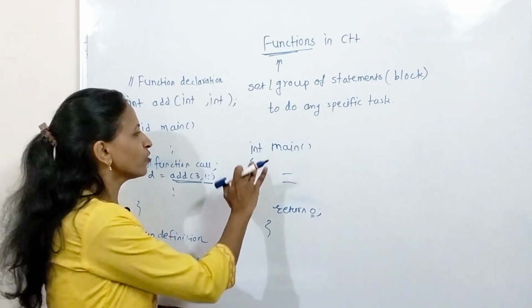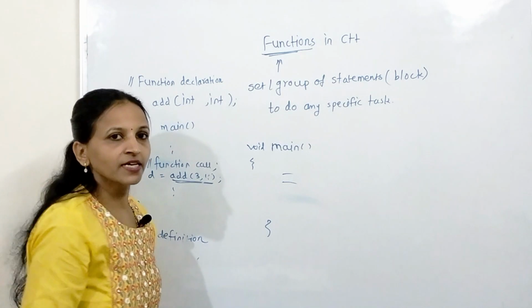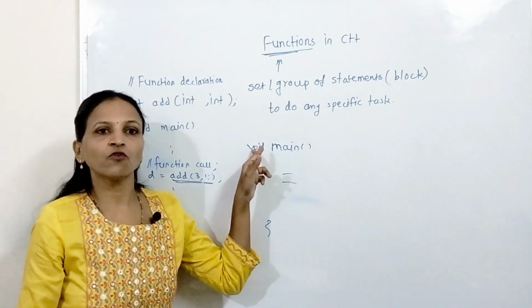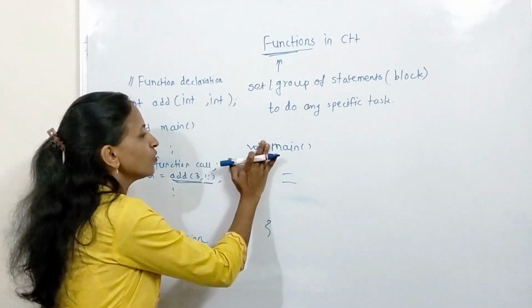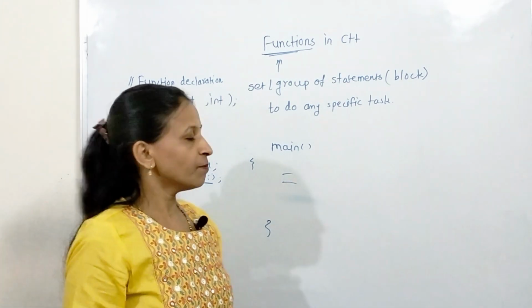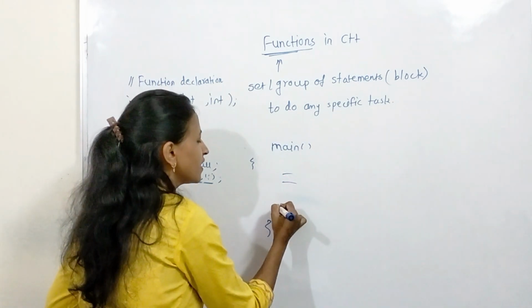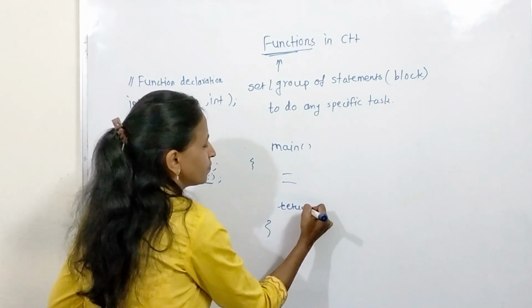Or if you don't want to use it, then just write void here. If you don't want to return 0 at the end, and you are writing void, then no problem. But if you are not writing anything here, not int, not void, then by default it will be considered as an integer. Now you have to compulsorily write return 0 here.